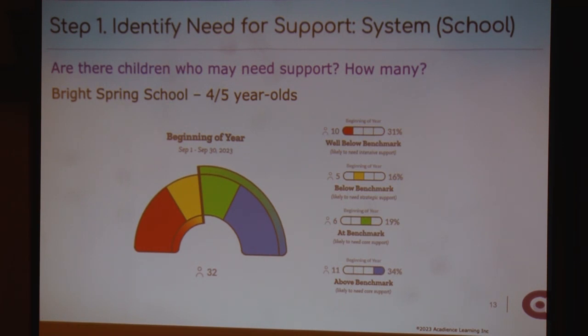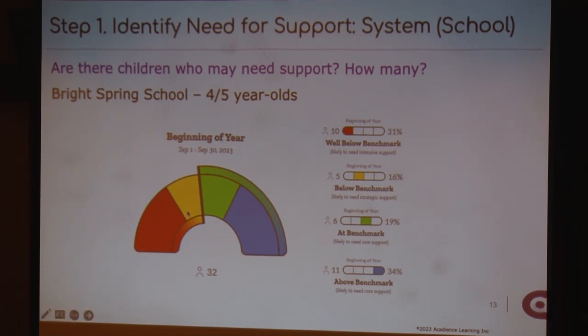This year we have launched a blue zone above the benchmark for PELI. It wasn't there in Acadience Data Management, which just had red, yellow, green. We now have an above benchmark zone for PELI.